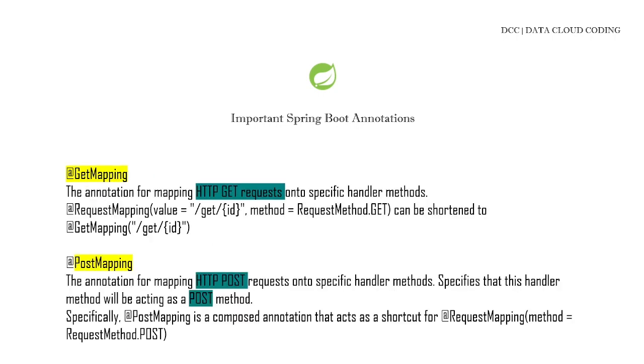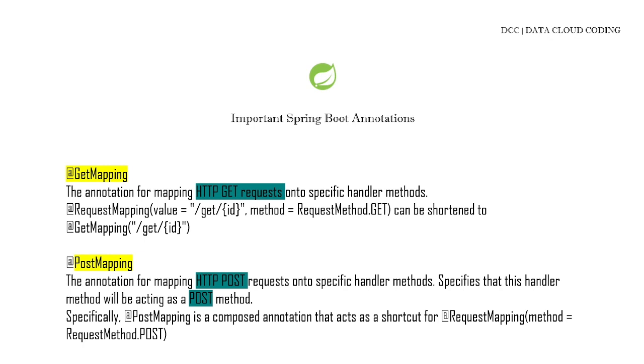Now talking about some more REST annotations that we use in a Spring Boot application. So we have the get mapping annotation, we have the post mapping annotation. Talking about get mapping annotation, this is used for mapping HTTP GET requests onto specific handler methods. So whenever I have to use a get method in my Spring Boot application, I can use this @GetMapping annotation.